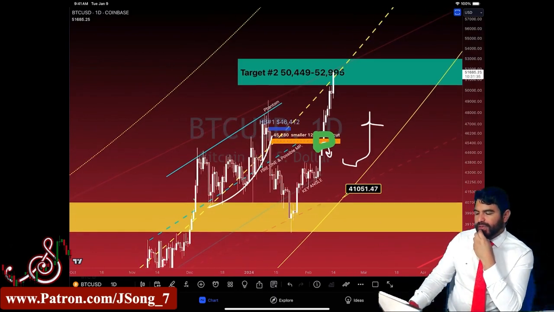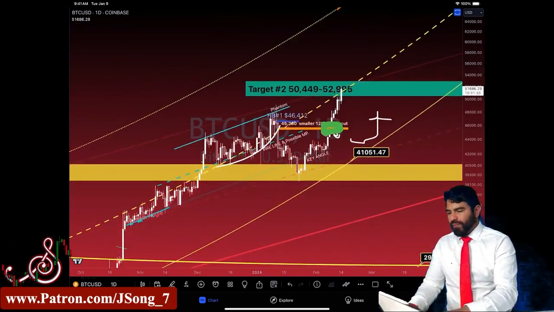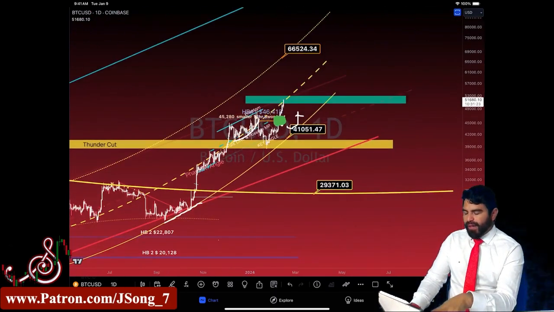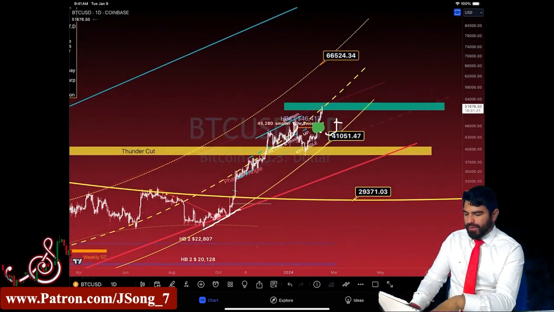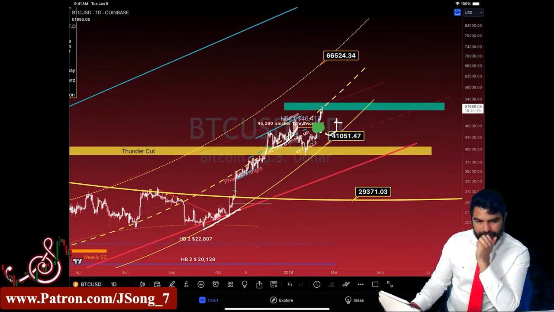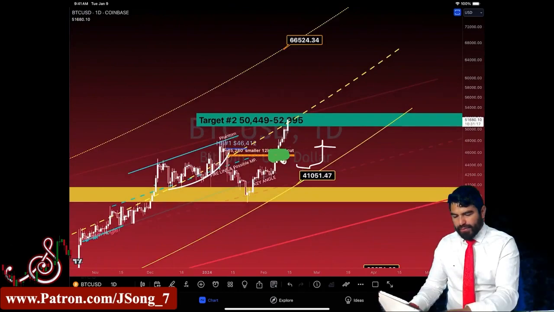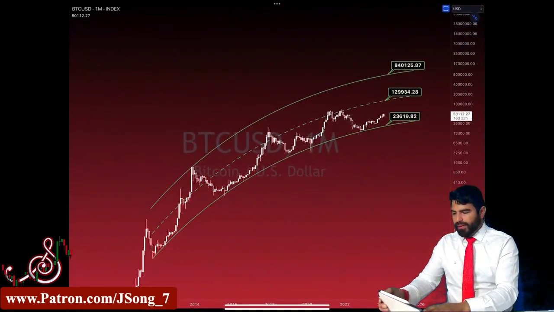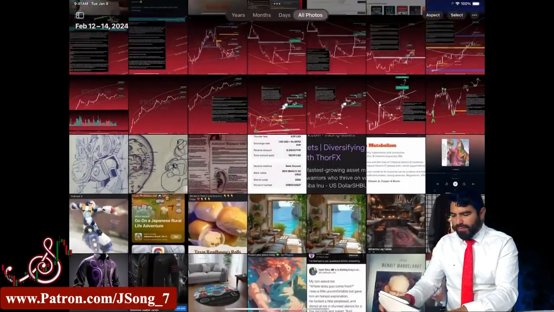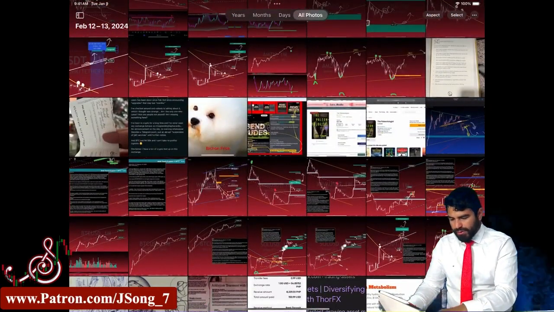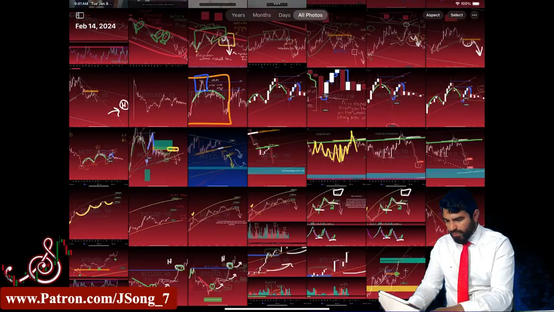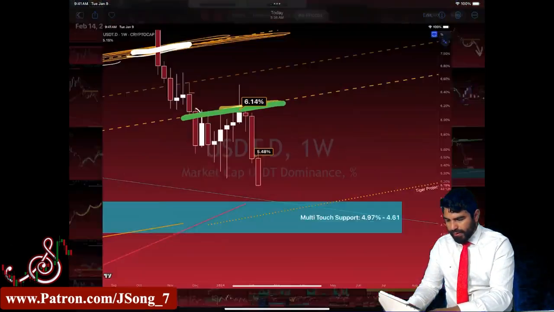It's a good question. Daily chart. Definitely look for a pullback at 52, and USDT.D, by the time we hit this, USDT.D should have already been hit in our major area, which is, one moment, which is 4.